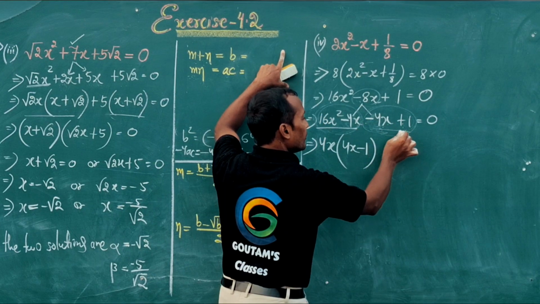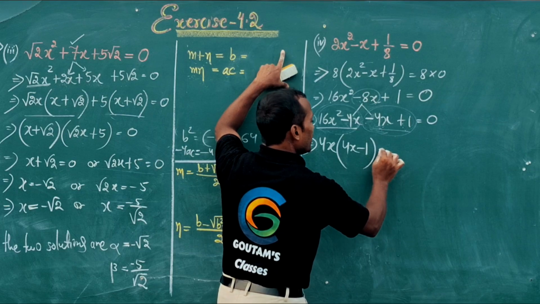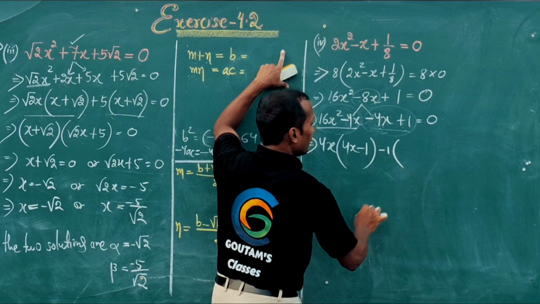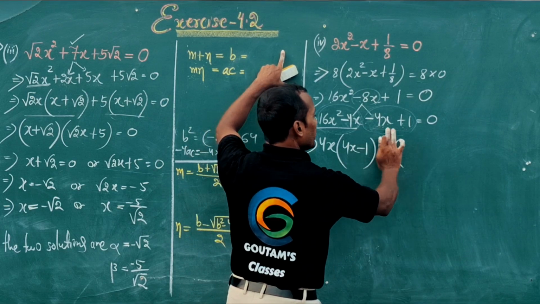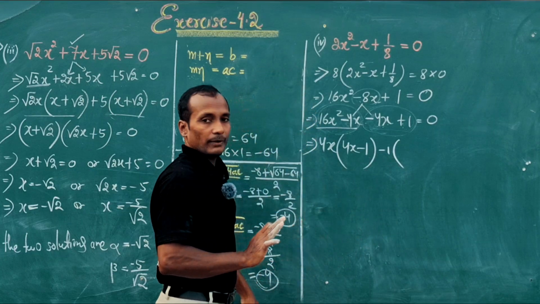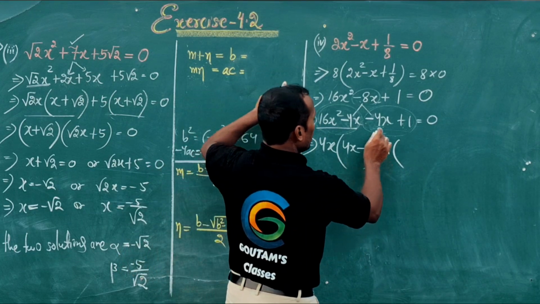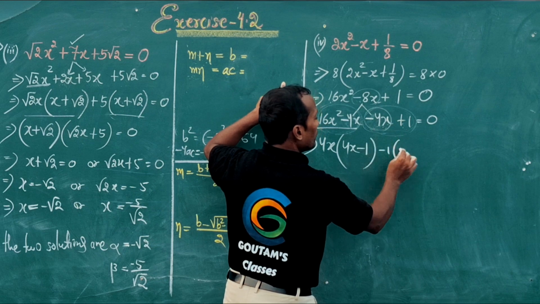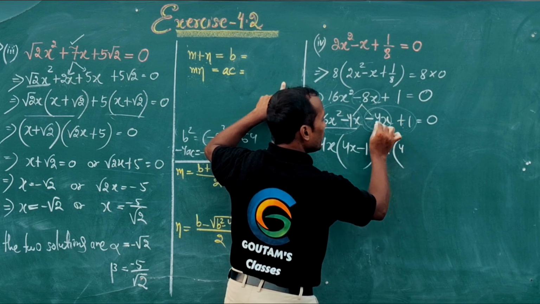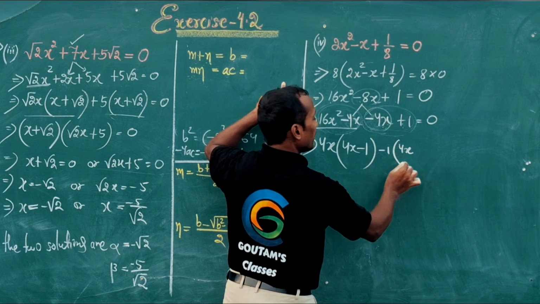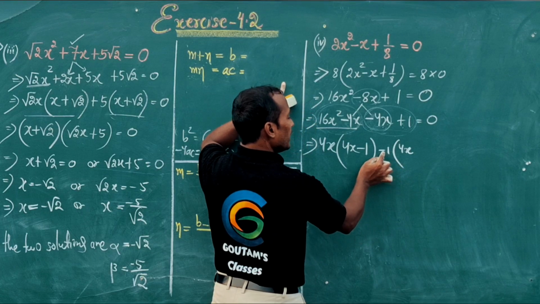Is there any common factor from these two? No. If nothing is common, then take 1 as your common factor. Here I am taking minus 1 as common factor. After taking minus 1, what will be left here? Plus 4x. In place of minus 4x, you will be left with plus 4x because you took a negative thing common.